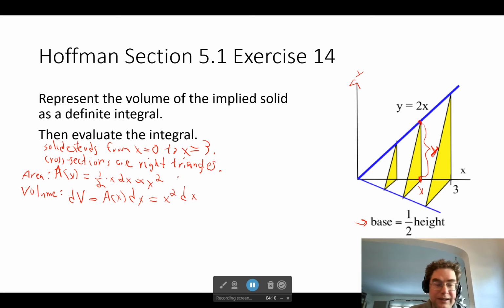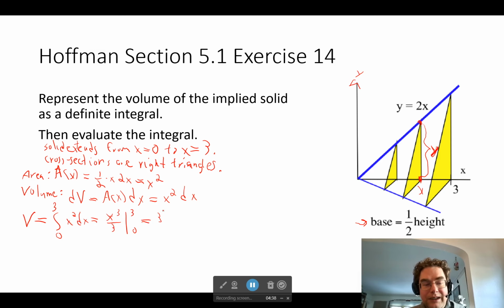Now we just have to add up those differentials of volume, and the computation becomes pretty easy. It's the integral from 0 to 3, because that's where our solid extends along the x-axis, of x squared dx. We anti-differentiate using the fundamental theorem of calculus: x cubed over 3, evaluated at 0 and 3.